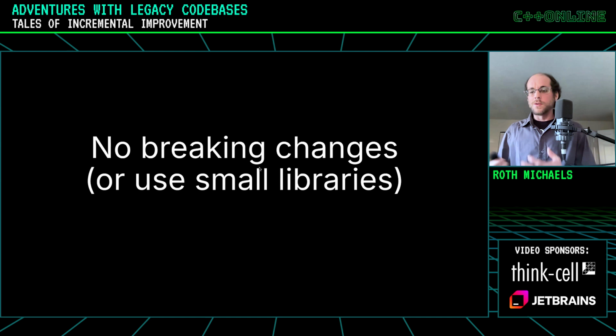So if you're going to be breaking APIs, if you have smaller, more self-contained libraries, that's potentially one way you could avoid getting to situations where people are forced to refactor their code because one thing changed, even though they're updating your library for a completely different reason.